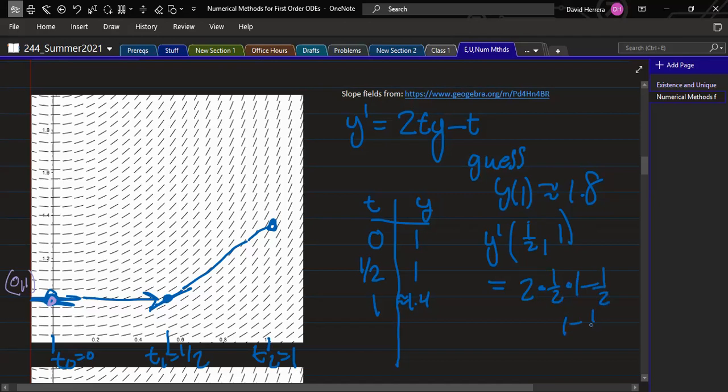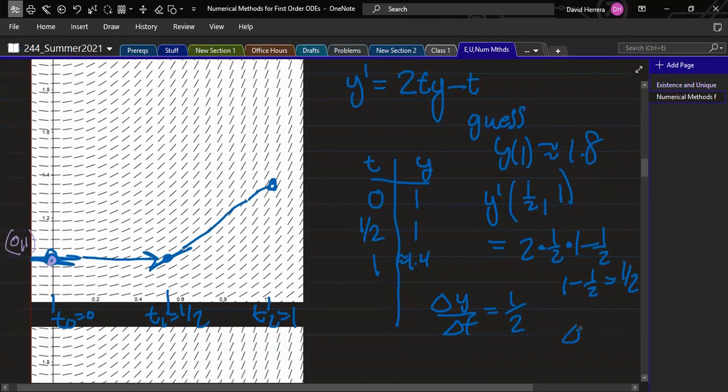So this is 1 minus 1/2, which is 1/2. Which means when I step over 1/2, that is delta t, because I'm going on a straight line, the slope is 1/2. Delta t is 1/2. That means delta y is 1/4.